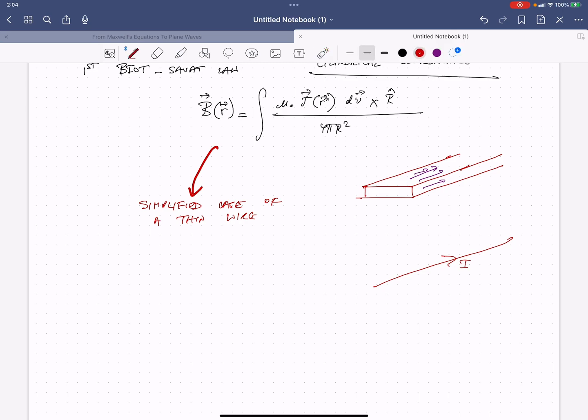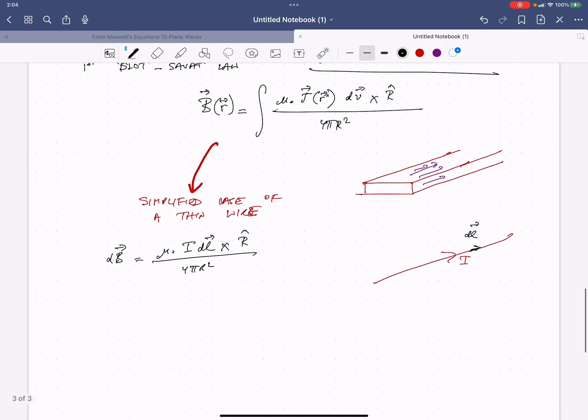In the simplifying case of a thin wire, the small increment of the magnetic field is mu naught I times dl, where I've replaced the current density times the surface or volume with the current I times dl, the increment of length of the wire, cross r over 4 pi r squared.